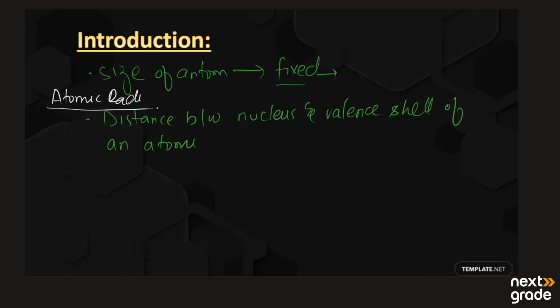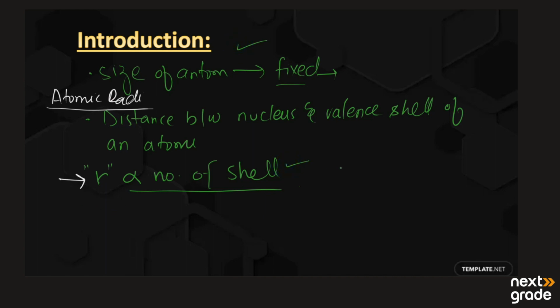And the atomic radius is represented by the small r, and it is directly proportional to the number of shells. So the size of an atom is directly proportional to the number of shells.